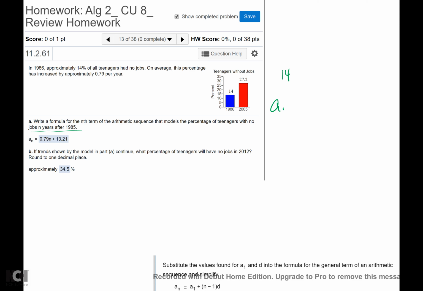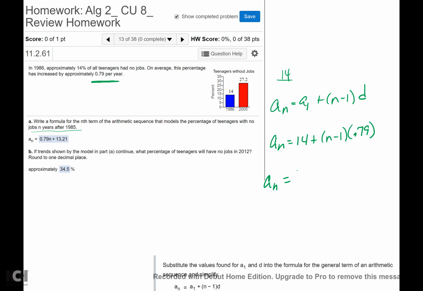So if I'm trying to find a sub n equals a sub 1 plus n minus 1 d, okay, my first term is 14 plus n minus 1. My common difference is that it is increasing by 0.79 per year. So my common difference is 0.79.